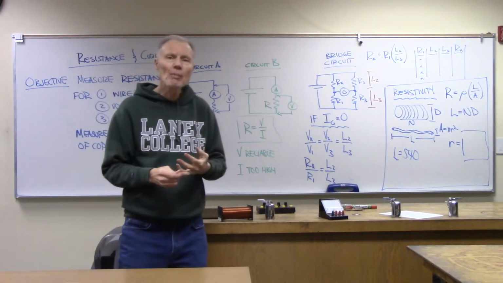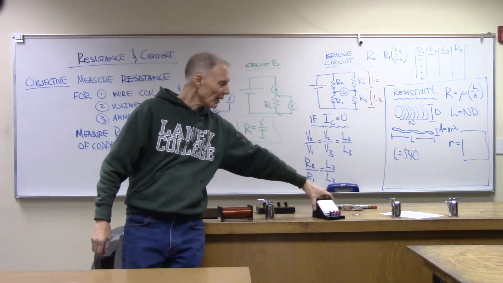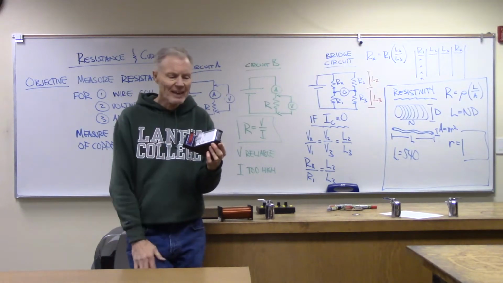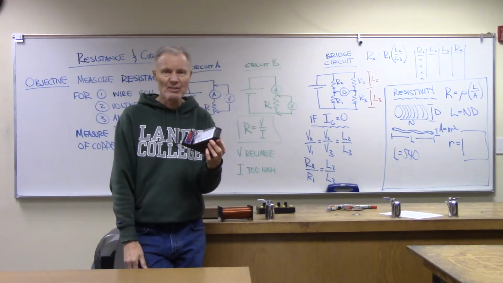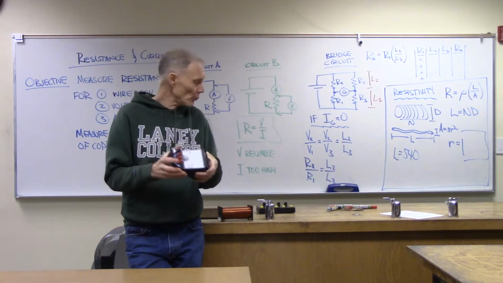Something to keep in mind here is that voltmeters are pretty rugged, which means whatever I connect to it, it's got a lot of resistance. It's going to be unlikely that I ever burn out a voltmeter. Voltmeters just have so much resistance to them.